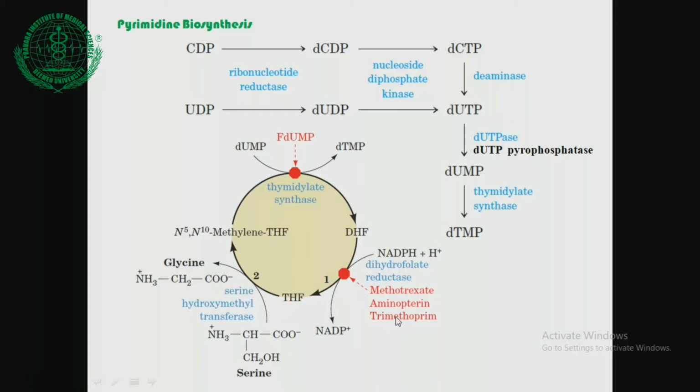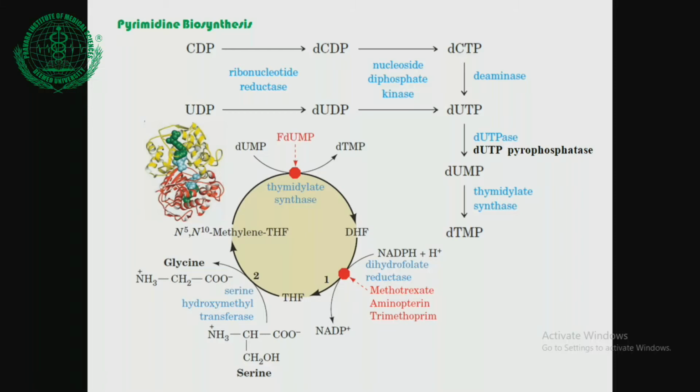Methotrexate and another analog called aminopterin both have 1,000-fold higher affinity towards dihydrofolate reductase than dihydrofolate, and they irreversibly block the catalytic site of the enzyme and thus block the reduction of dihydrofolate into tetrahydrofolate. Similarly, trimethoprim also acts as an antibacterial agent, and it blocks the dihydrofolate reductase activity of bacteria.